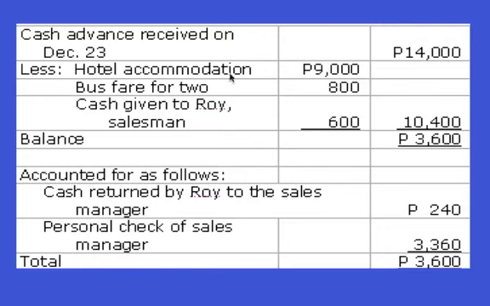So, nag-cash advance ng 14,000. Okay, spent as follows. Hotel accommodation, 9,000. Bus fare for 2. Ay, may kasama si JR. Okay? At sinong kasama ni JR? Ayun, si Roy.